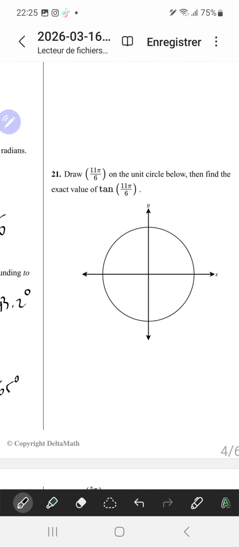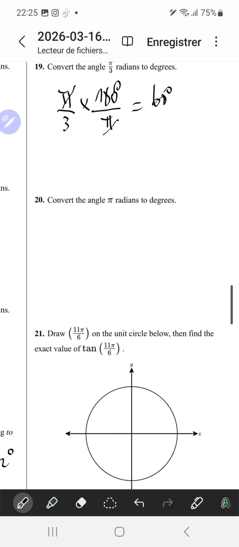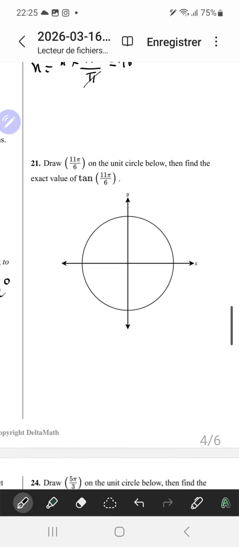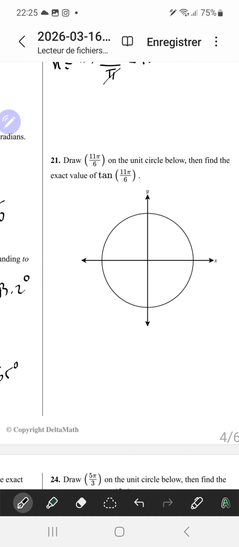Draw 11 pi over 6. Convert pi to degrees, it is 180.